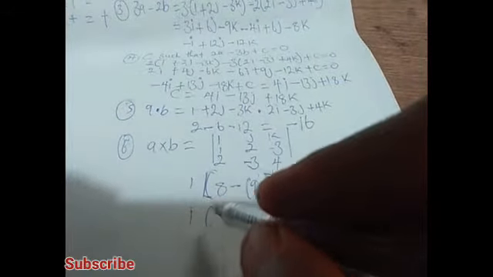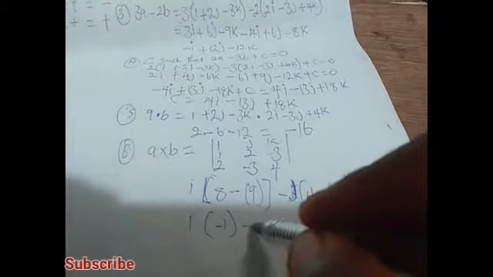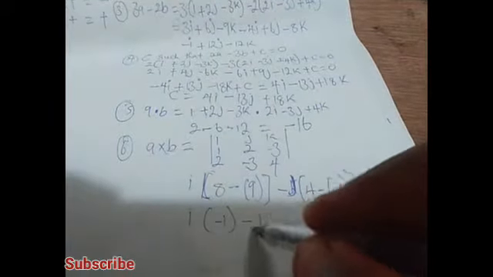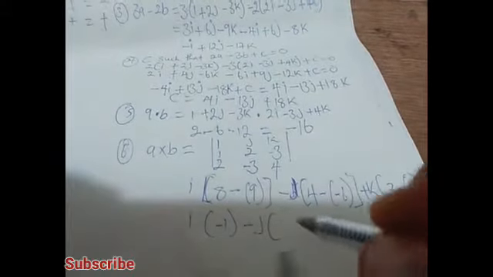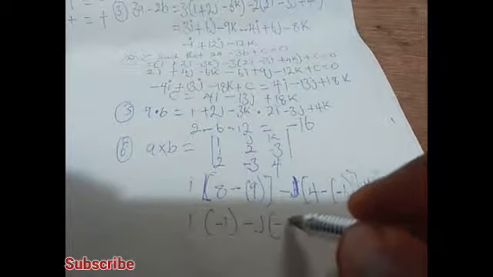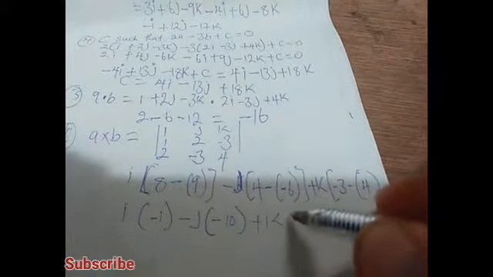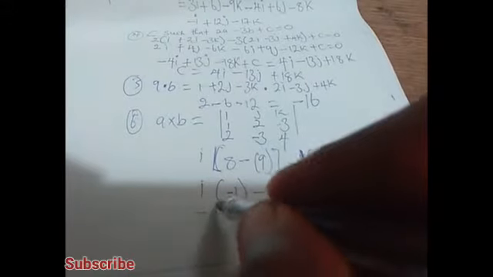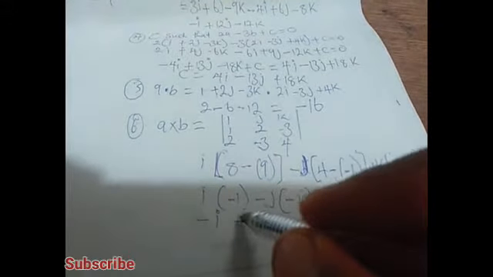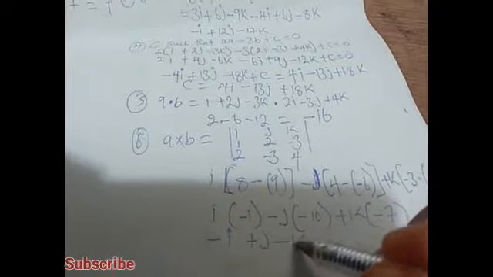So our i is 8 minus 9, which is minus 1; j is 4 minus minus 6, which is 10; and k is minus 3 minus 4, which is minus 7. So when I bring it out, I'm going to have minus i plus j minus k. So that's it.